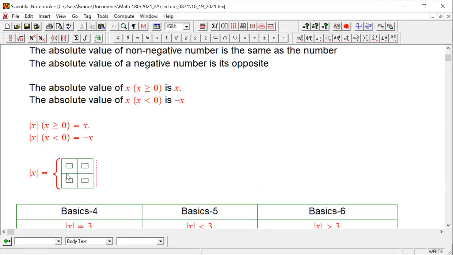The absolute value of a non-negative number, okay, so we put that over here. It's the same as x. And here we're going to have an if. The next one, x is less than 0. And we put an if. Right? So the absolute value of a negative number is its opposite.